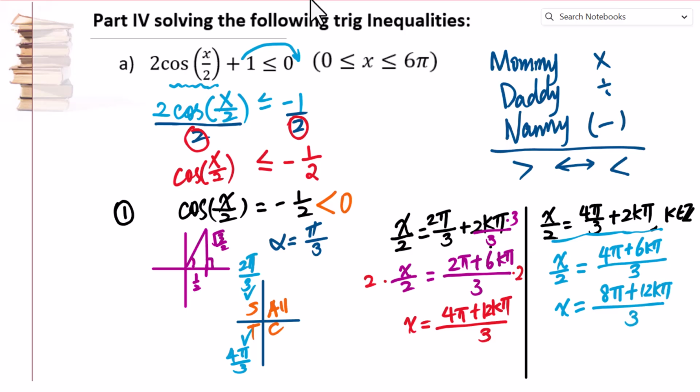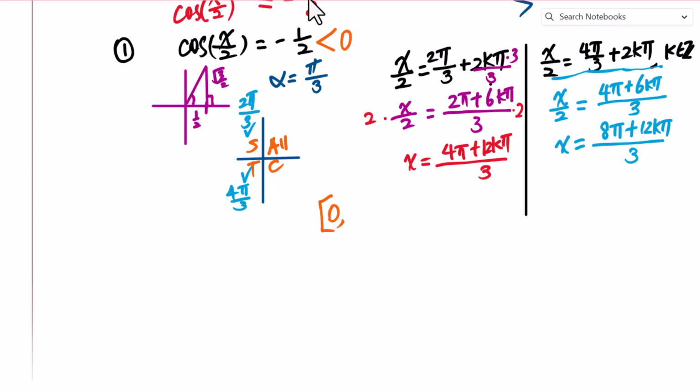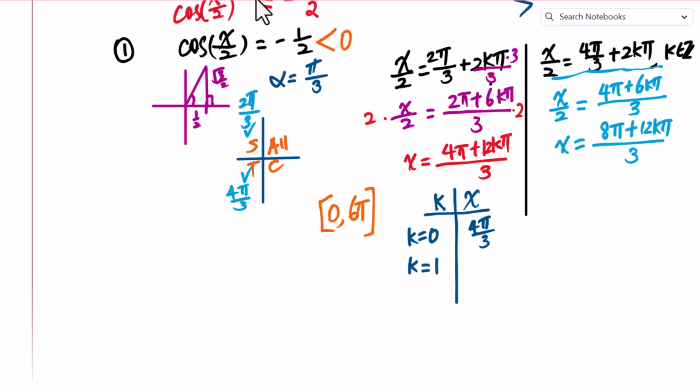Remember, the domain is between 0 and 6 pi. When k equals 0, we got 4 pi over 3. K equals 1, we got 16 pi over 3. For this 6 pi, we can change it into 18 pi over 3. So 16 pi over 3 is still in this domain.